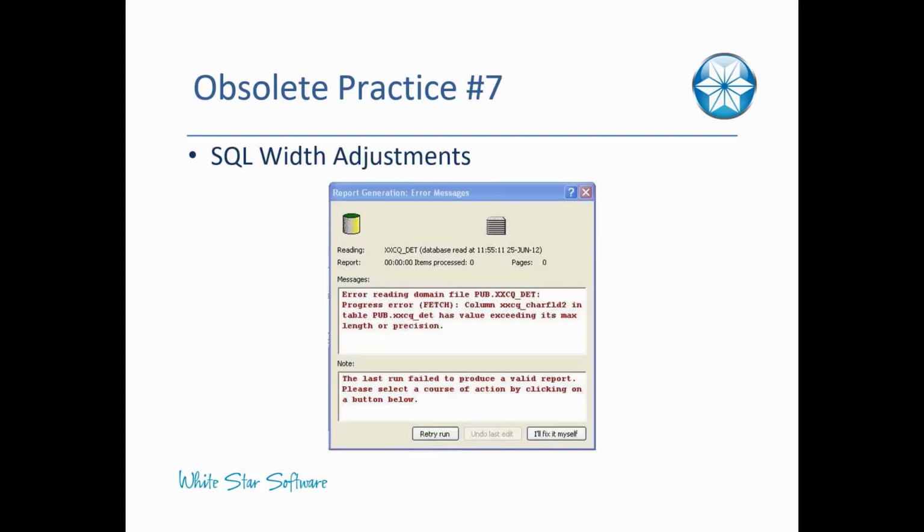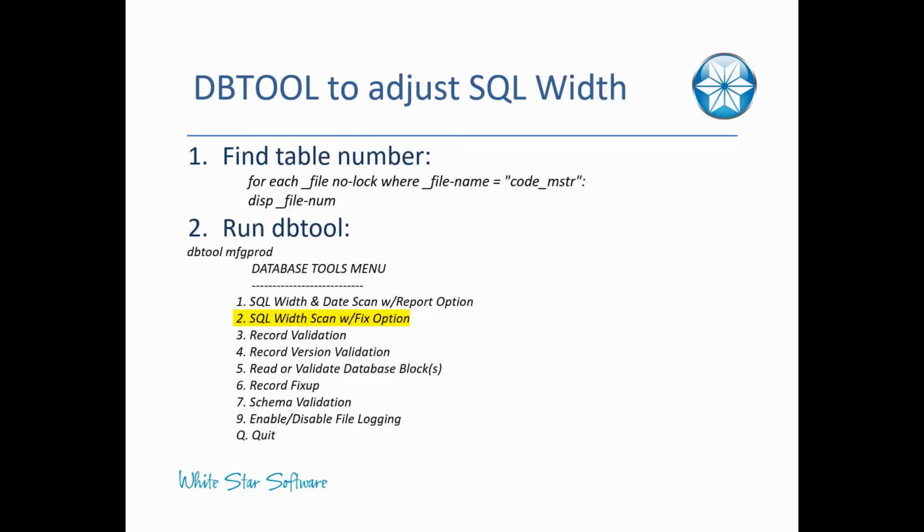Another obsolete best practice: regularly adjusting your SQL width. So who uses SQL? All right, quite a few of you. I'm sure you run into this problem where you have users trying to query a record, and then you get a message saying it's exceeded its max length. To get around that, you have to find the table number and then run dbtool regularly to extend that SQL width.